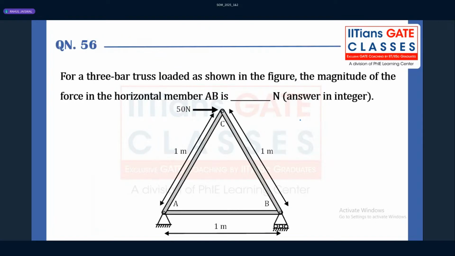Now moving on to the next question. Now try to observe question number 56.